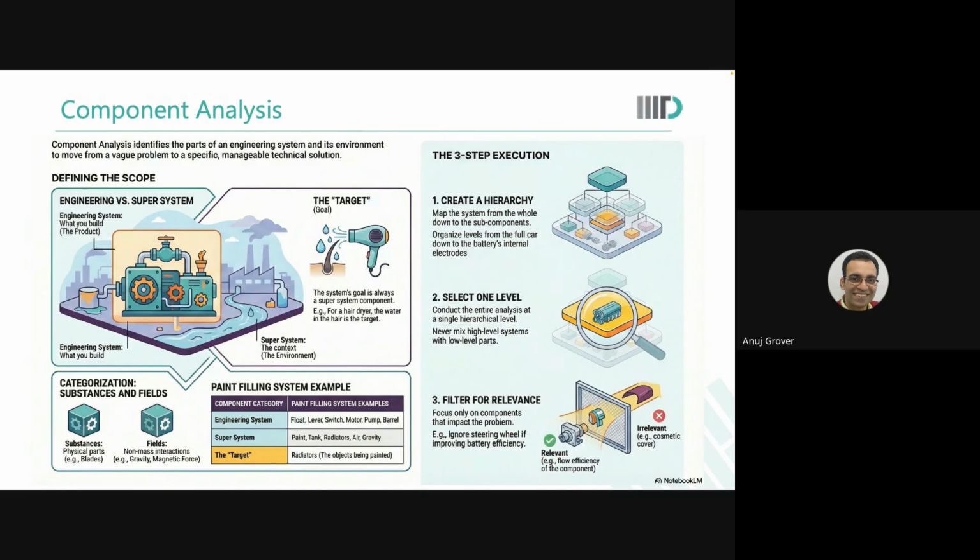But in the context of the problem that we are solving, an engineering system is that system where we want to do something for which we are responsible, for which we need to tweak, correct, innovate, invent, so that the initial disadvantages or the problems with the system are resolved.